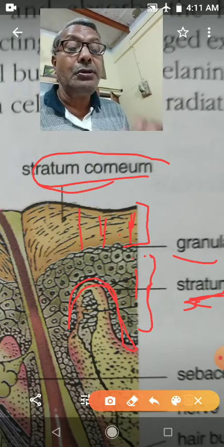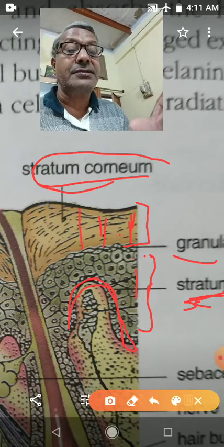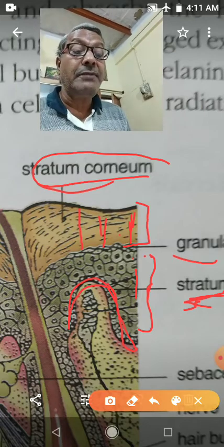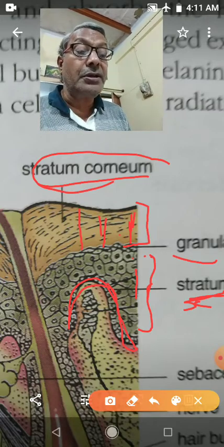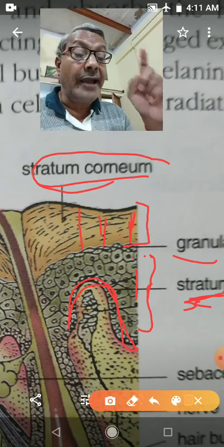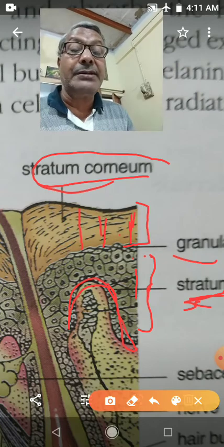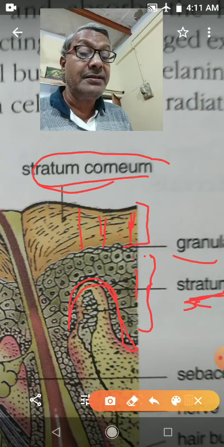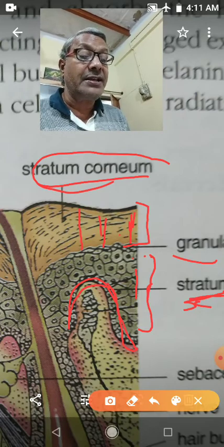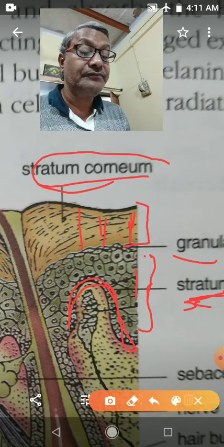Albinism is the complete loss of pigment from all over the body, including hair, eyebrows, eyelashes. So when there is a complete loss of melanin, that is called albinism. Albinism is a recessive trait caused due to inheritance.